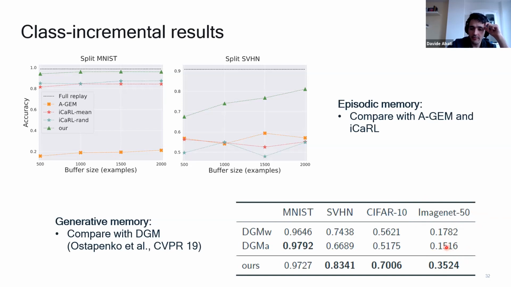Now this is a 50 class classification problem, so this accuracy is still very low. There's still much improvement to be gained here. I don't want by any means to claim that our model solves ImageNet 50, but it's a good improvement. And there are some remarkable gaps also for other data sets. So, all right. This kind of works.